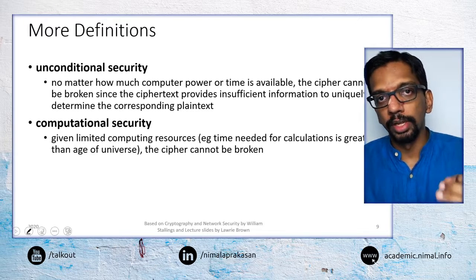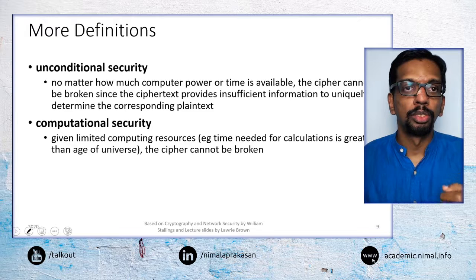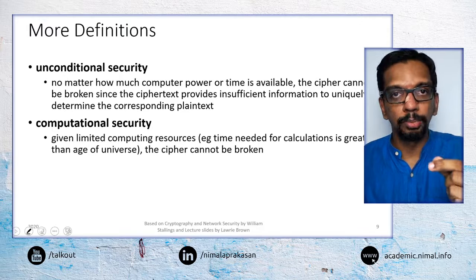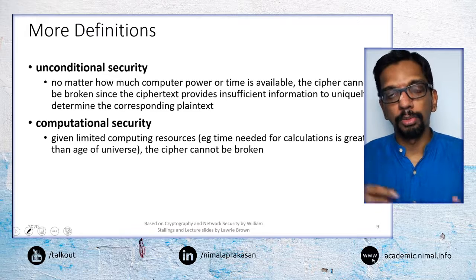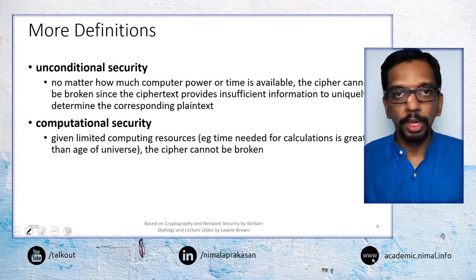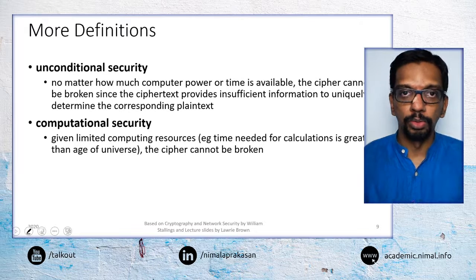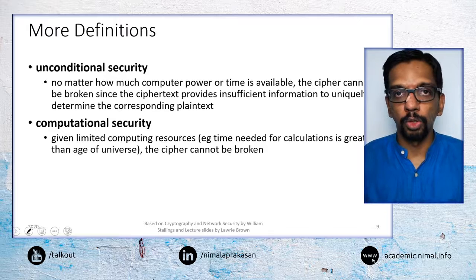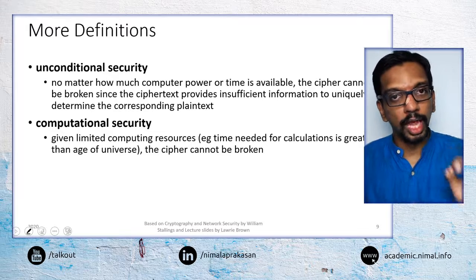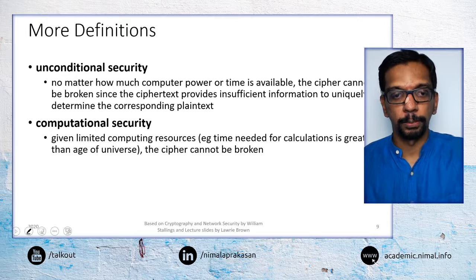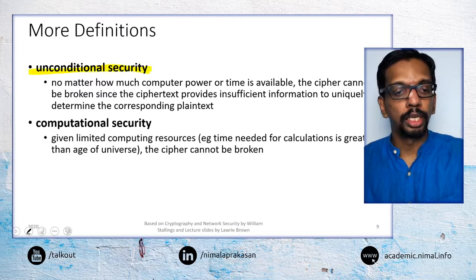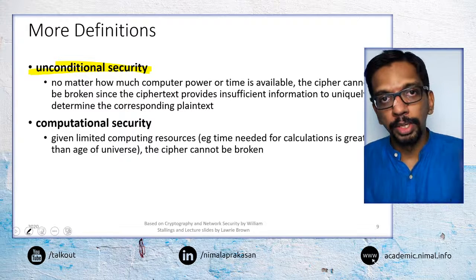So that level of encryption may not be useful if, for example, you want to decrypt network communication traffic, if you decrypt that information after 2 years, that may not be very useful. It may be useful, but in many cases, it may also not be useful. So in that type of situation, what we will have is computational security. So unconditional security is, it will never be compromised.